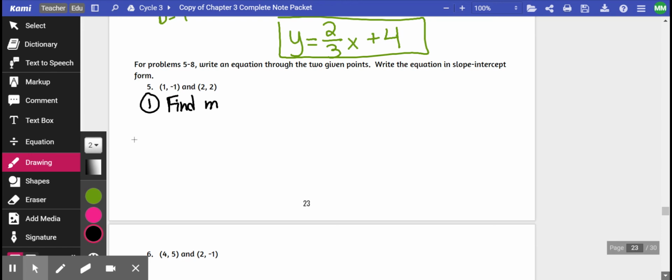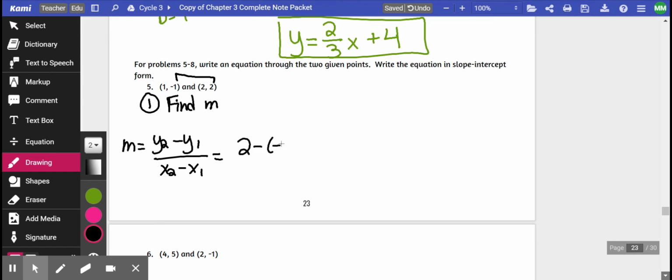We're going to use m equals y2 minus y1 over x2 minus x1. So I'm going to take my second y minus my first y. So this will be 2 minus -1. For the bottom, it'll be 2 minus 1. So I get 3 over 1, and you can also just write that as 3.